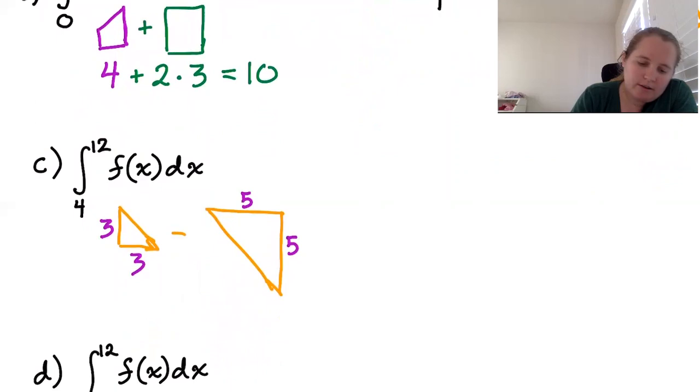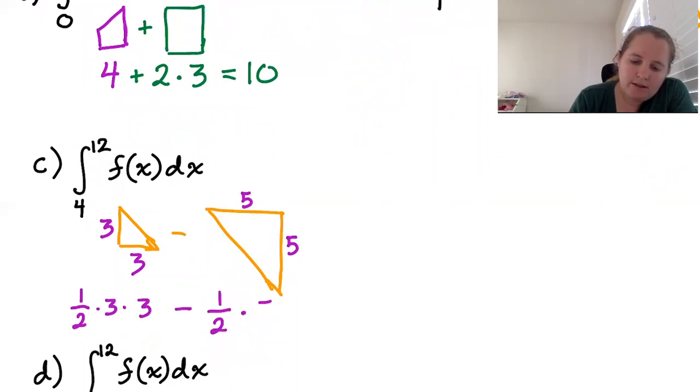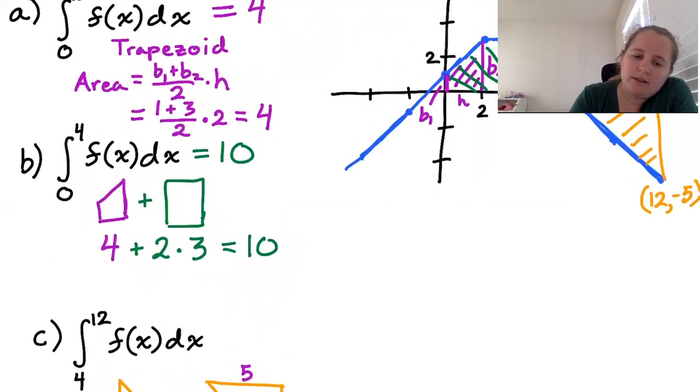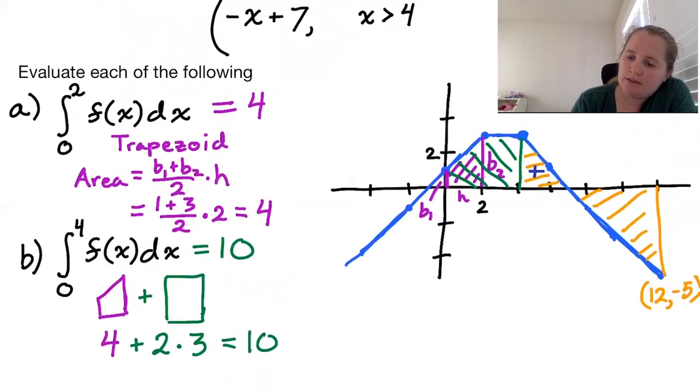So we are looking at 1/2 times 3 times 3, and then we are going to subtract off 1/2 times 5 times 5. This chunk here is above the x-axis, so we add it on, and the next one is below the x-axis, so we subtract it off.